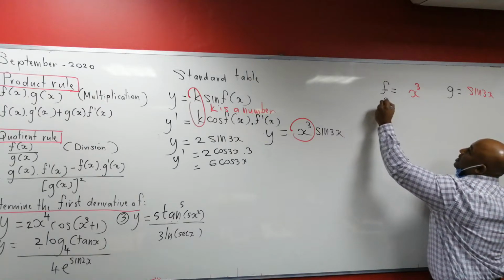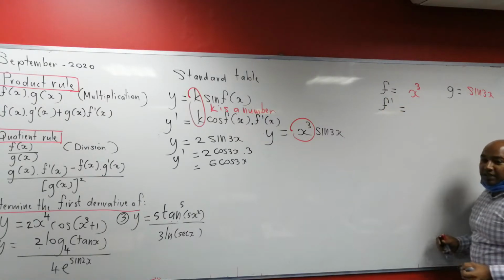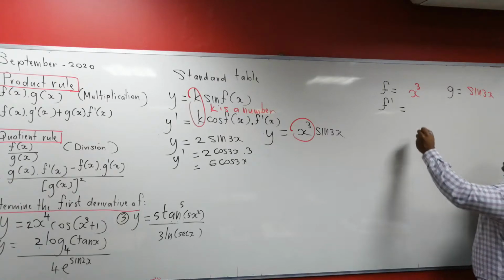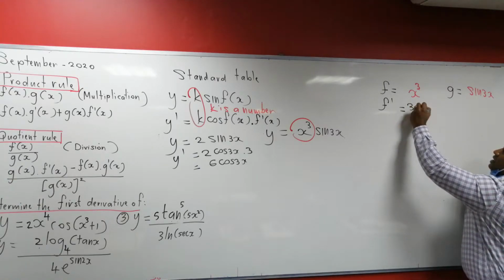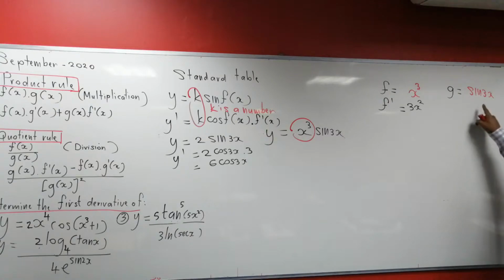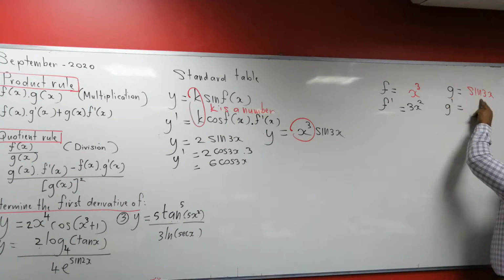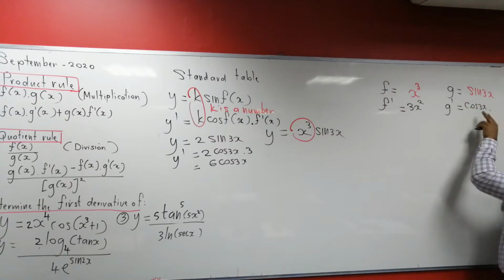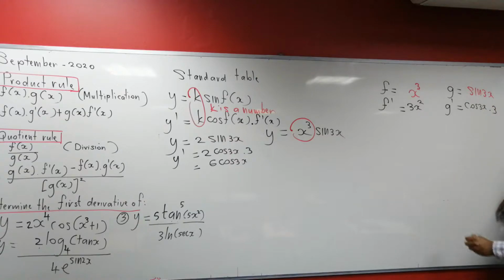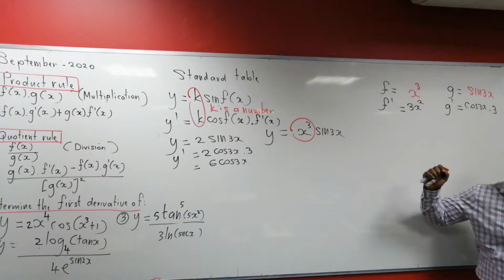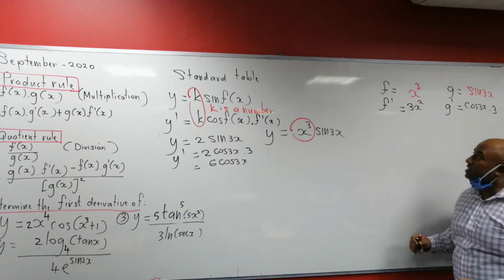The derivative of x to the power 3 will be 3x squared, and then g prime, the derivative of sine 3x, is going to be cos 3x times the derivative of 3x, which is 3.